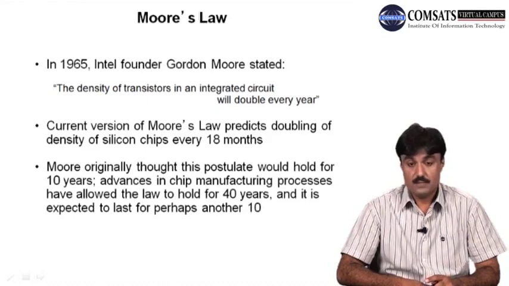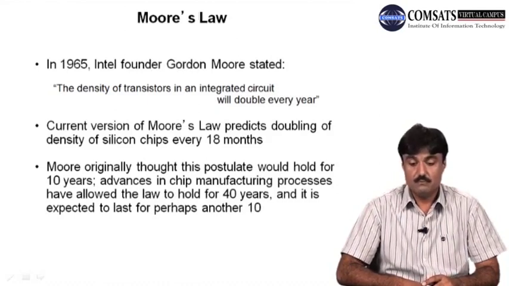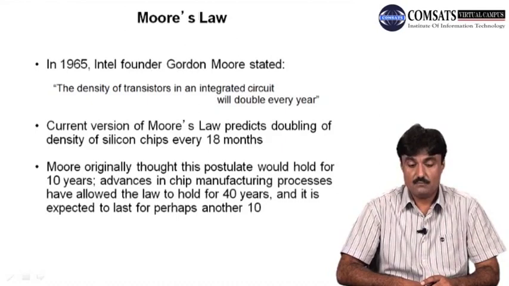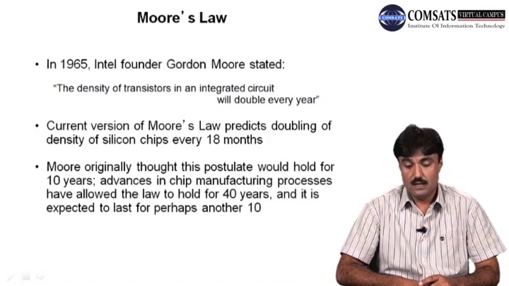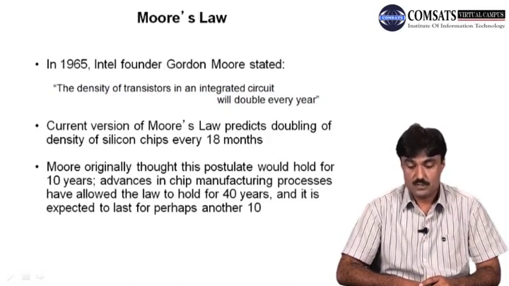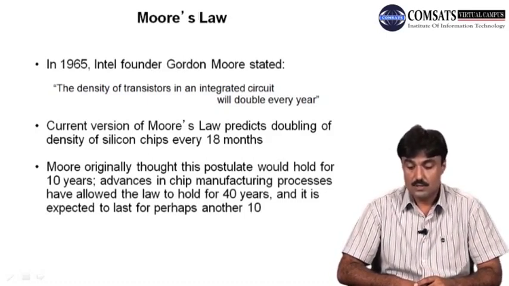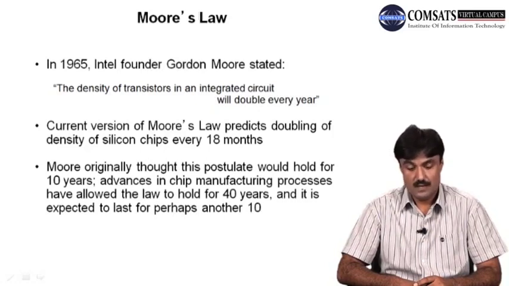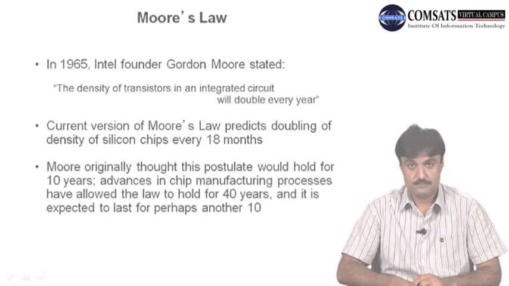Currently, Moore's law predicts doubling of the density of silicon chips every 18 months. Moore originally thought this postulate would hold for 10 years. Advances in chip manufacturing processes have allowed the law to hold for 40 years, and it is expected to last for perhaps another 10.